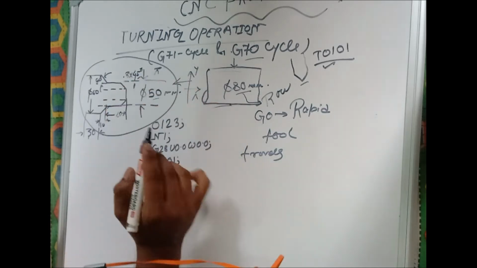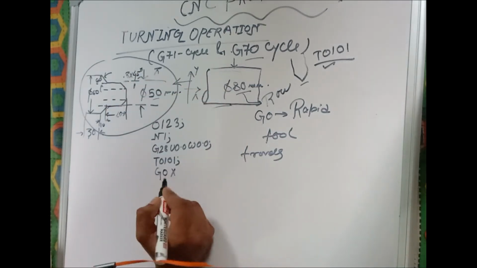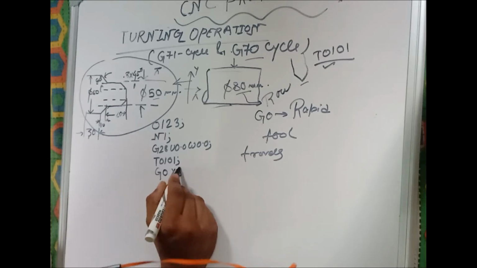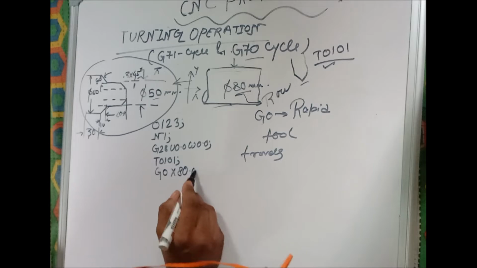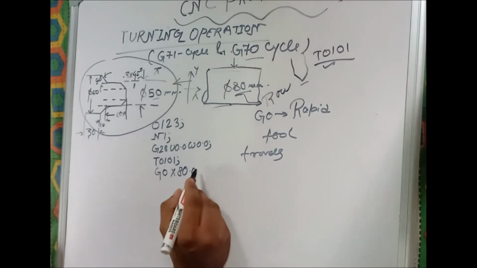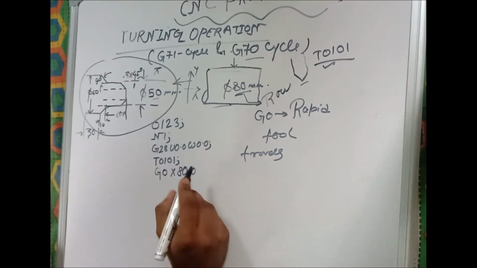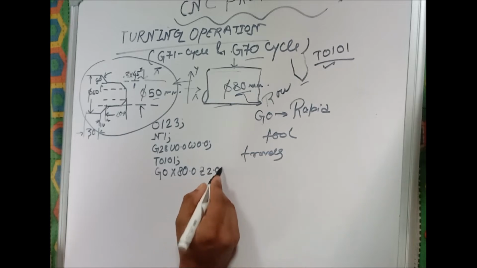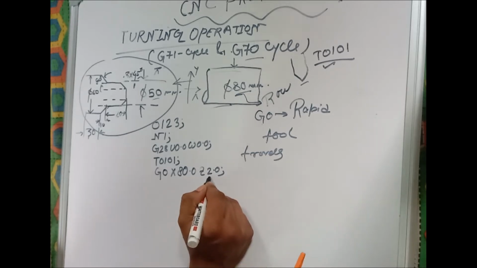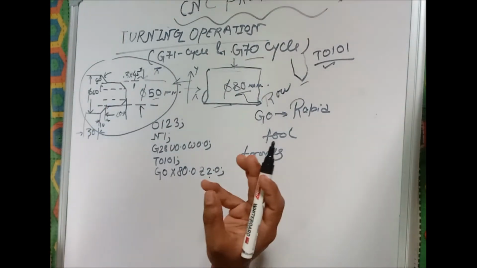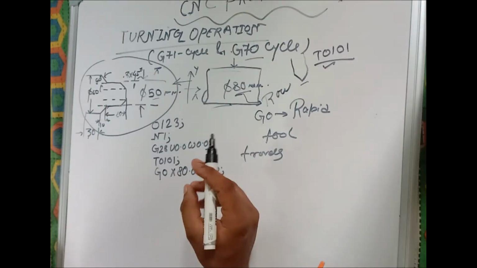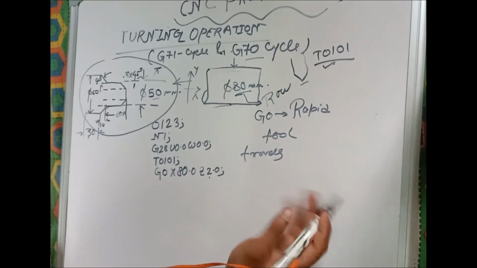Suppose this position is X80.0, as the raw material is 80, and the Z position from the job is 2.0. If we do it at 0, it will plunge directly into the job and the tool will be damaged.